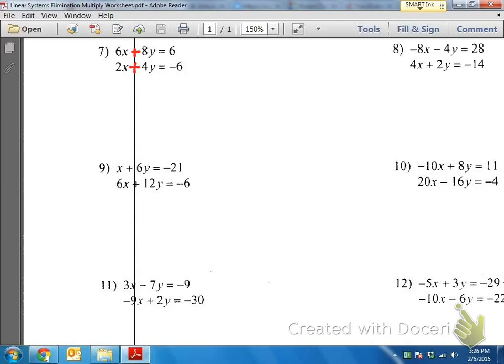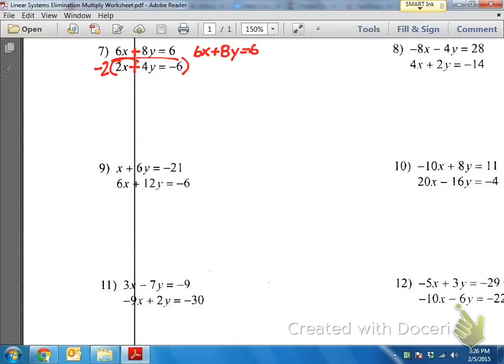I'd have to multiply this by 2 to make 8y, but I have to make them opposite. So not only do I have to multiply by 2, I should multiply by negative 2. If I multiply the bottom equation by negative 2, the top equation doesn't change: 6x plus 8y equals 6.